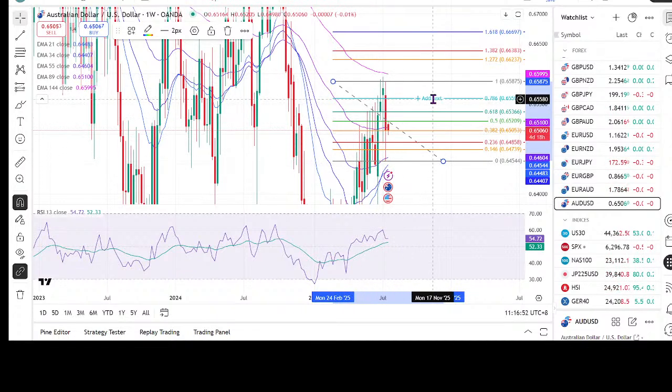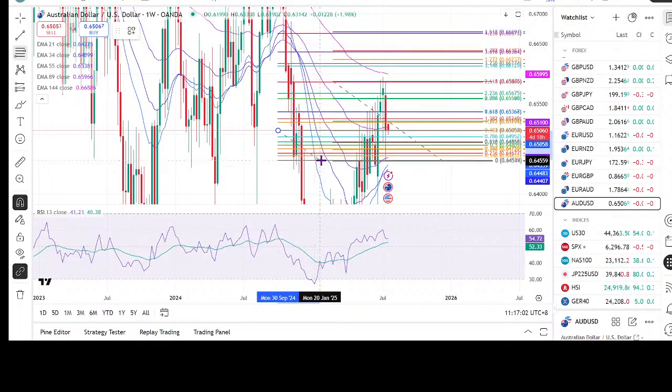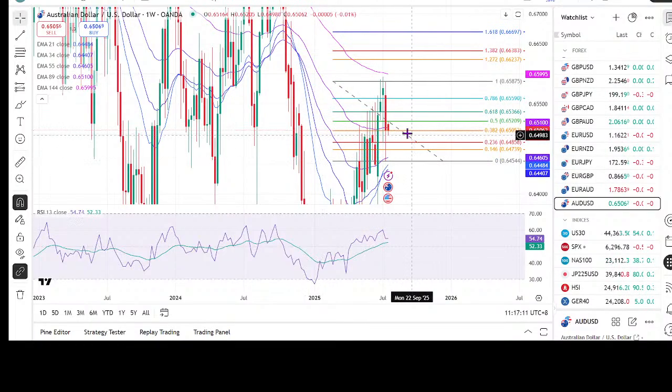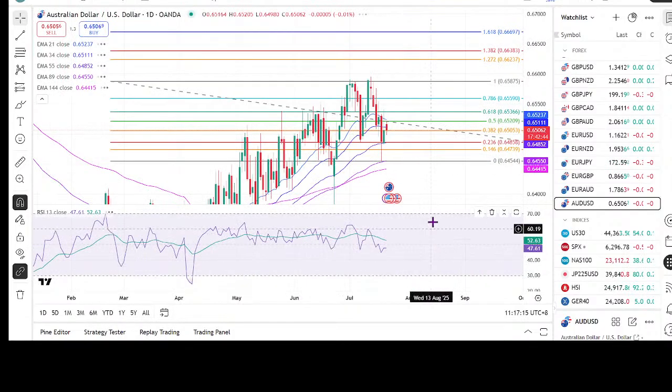So most likely it's about 65.60 or extension of this level, which is 65.60 also. So let's see the daily, then we might get a clear idea.